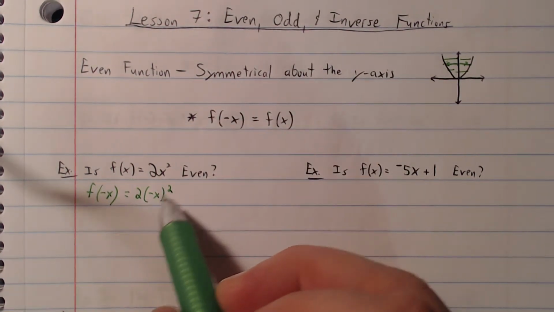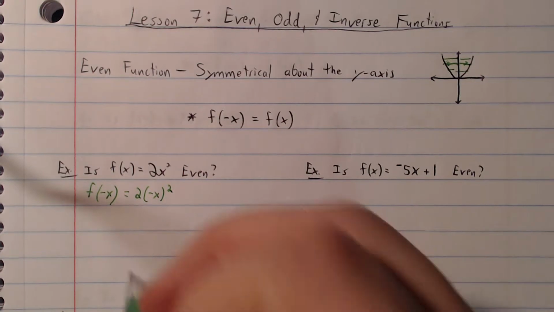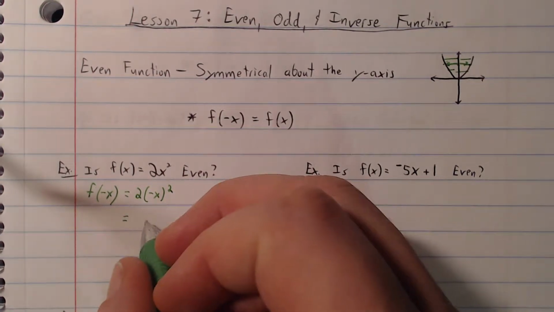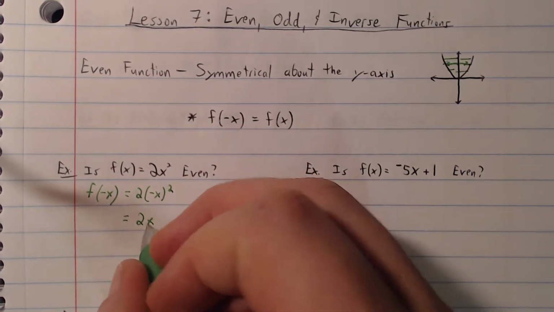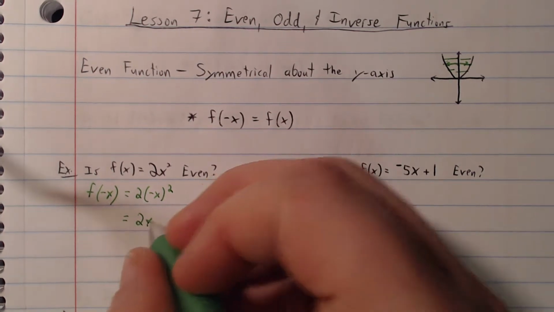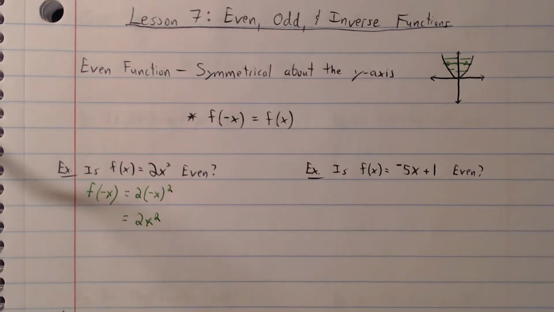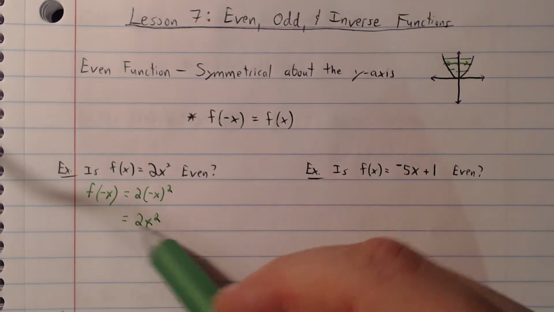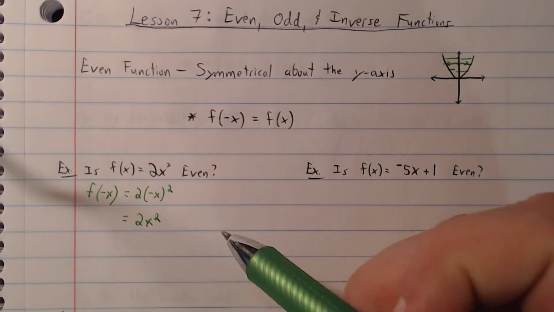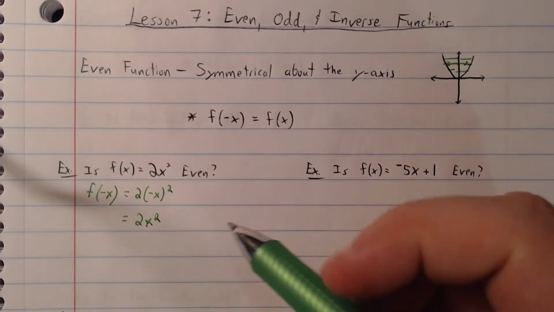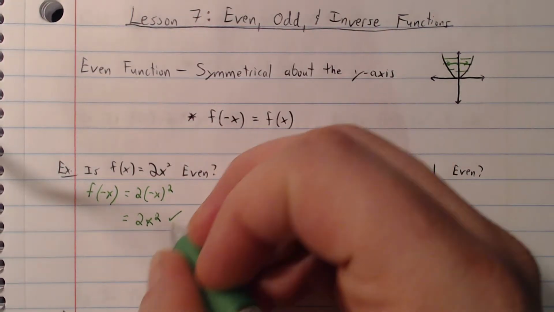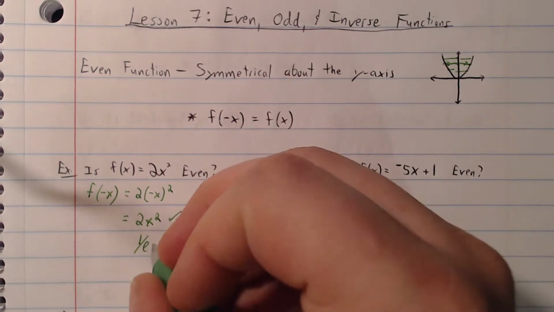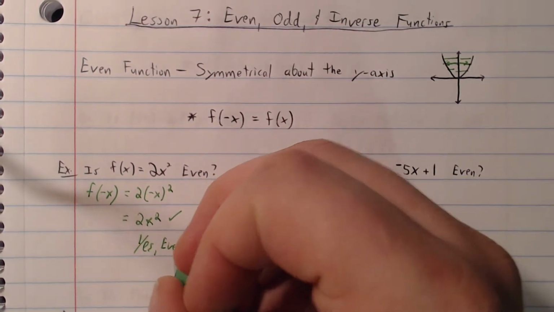If we square what we would consider negative x, we end up getting positive x back, to the second power. We're still multiplying by 2 in the front, so this is what we end up with. This expression is the exact same as what we started with, same power and everything. So this, in fact, matches, so we would say yes, this is even.